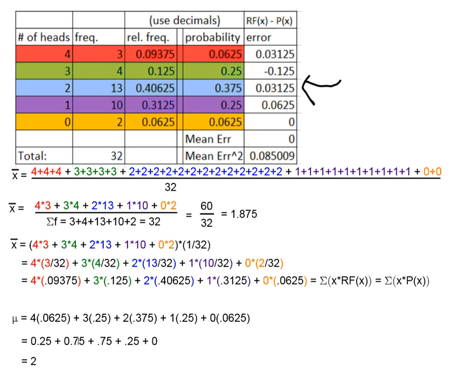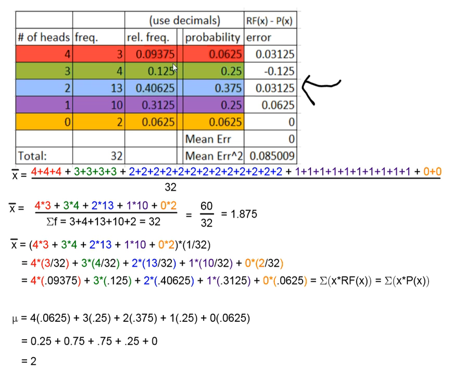A few things to note. First, 0 times anything is 0. 0 plus anything has no effect. I encourage you to always include every possible x value as you're writing things down, even if you're not bothering to type in 0 times whatever, just for consistency's sake. 0 will not always be part of your x values for your distribution. And not every distribution is symmetrical.